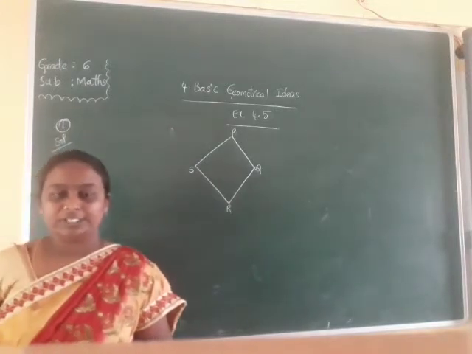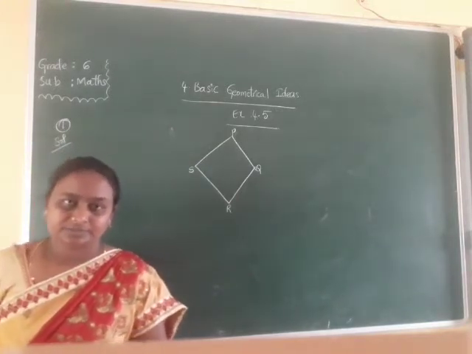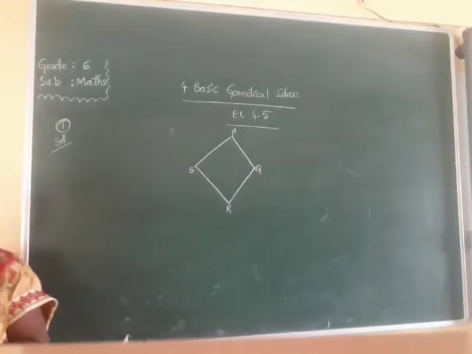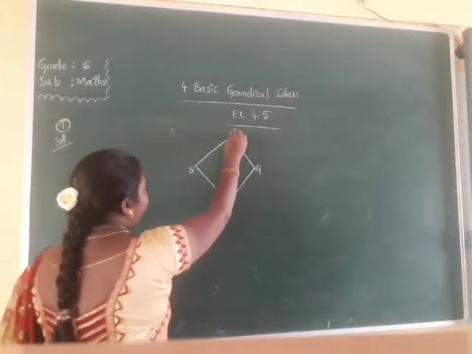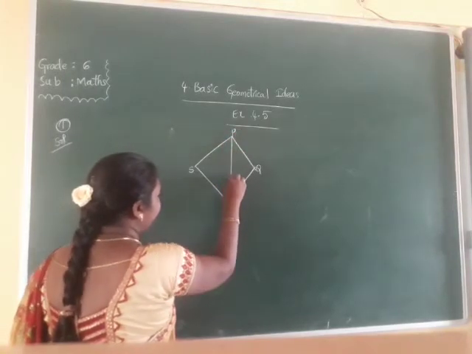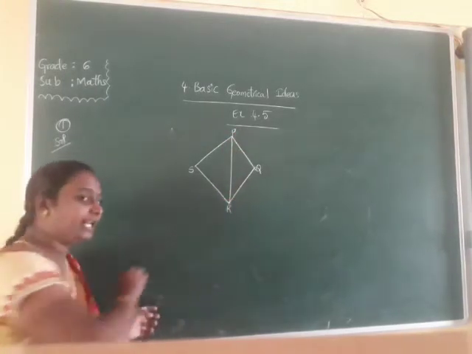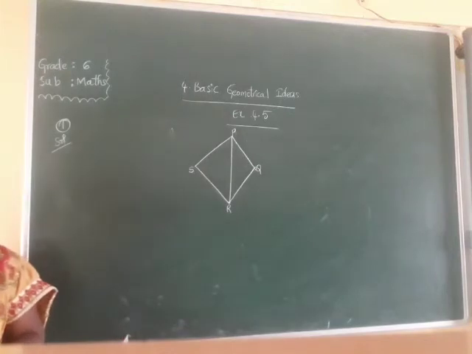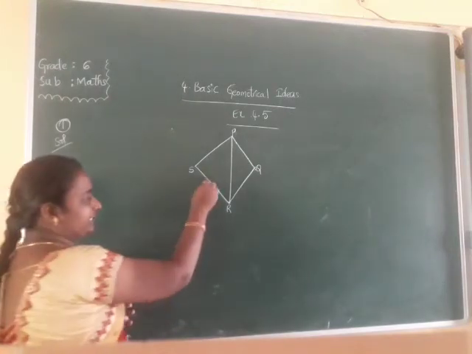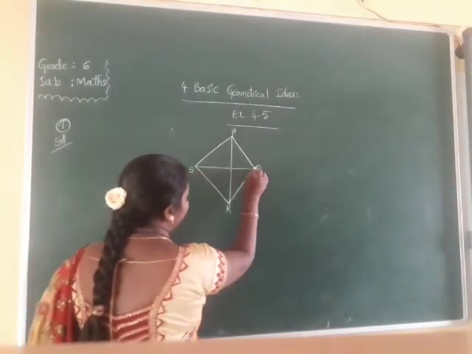Do you know what is meant by diagonal? Diagonal means the line segment joining the opposite vertices of a quadrilateral.